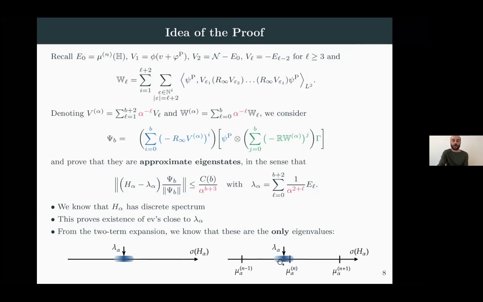And now, since we know that the size of this window is of the same order as this error here, we now know that the nth eigenvalue is indeed given by this series expansion plus a remainder that's of lower order.